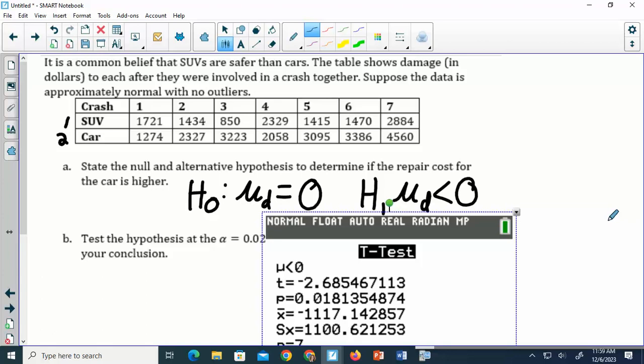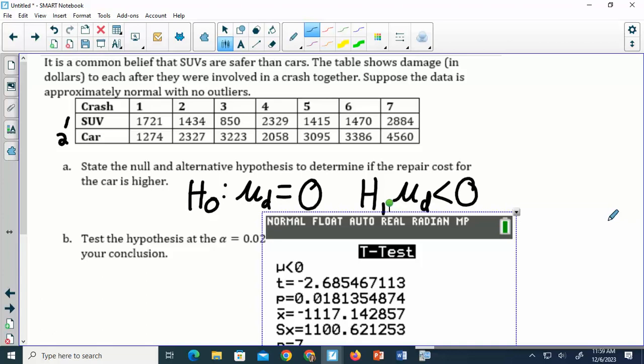Right. Since P is less than alpha, we reject the null hypothesis. So we have enough evidence to conclude that the car repair costs are higher. Does that make sense?